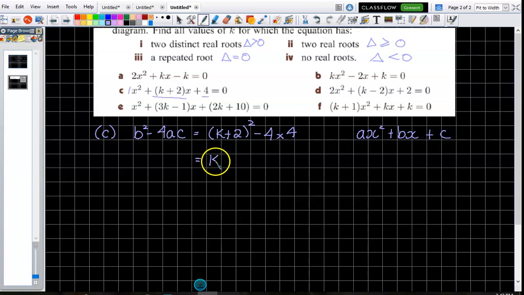So here we go. It's k squared. Remember, you've got the middle term. So if you need to, everyone is different out there, right? If you need to remind yourself of how to expand, then for God's sake, do it. Okay? K squared, you get a 2k plus another 2k.